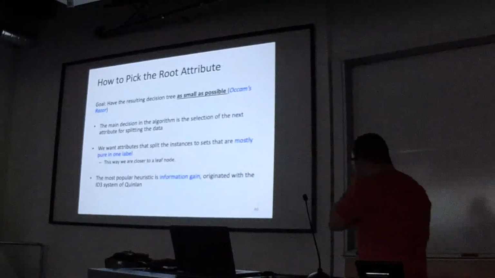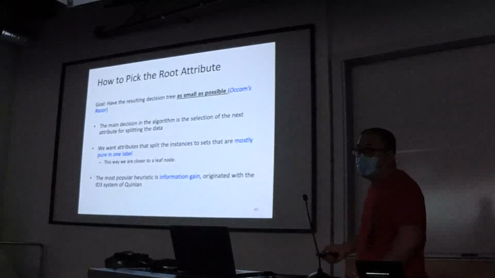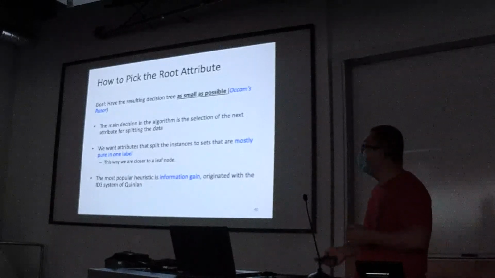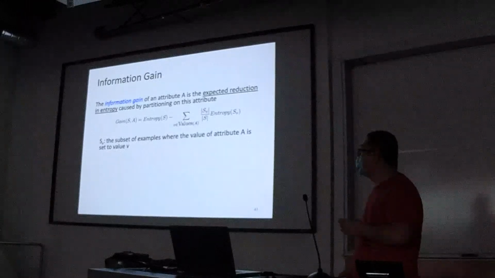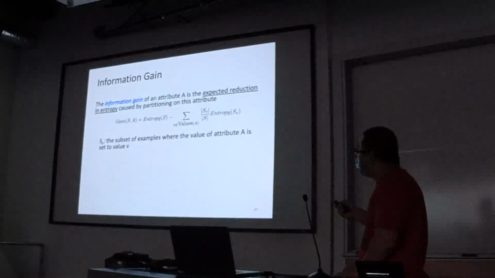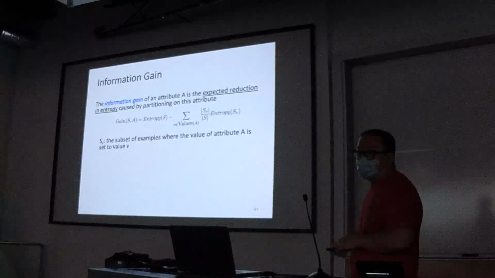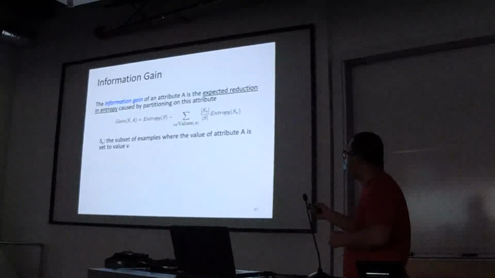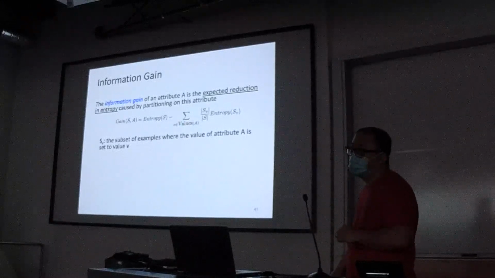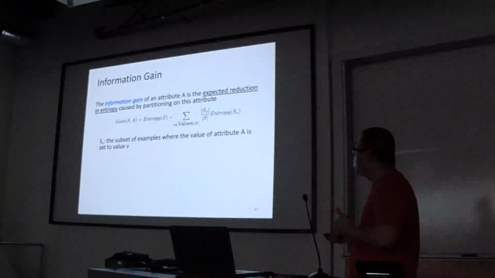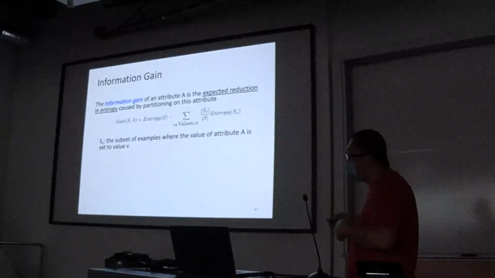Naturally, we can define our change of purity after using one attribute to split data in terms of entropy. Here's how the information gain is defined. The information gain of the attribute A is the expected reduction in entropy caused by partitioning on this attribute. Before I use A to split data, I have the entropy of the labels in the current set. After I use A to split, I get several subsets, and I calculate a kind of weighted entropy of the split subsets.